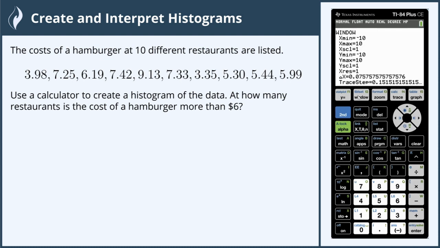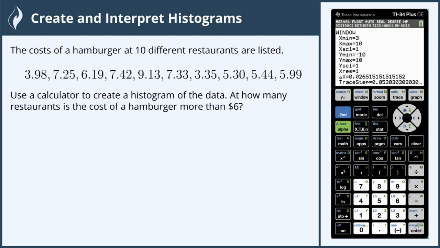So we want to set our X minimum and our X maximum accordingly so that it includes both of those values. So here it would make sense to set the X minimum to be 3 because again, $3 and change was the cheapest one. So let's type that in. 3 and then enter. X max, because it was $9 and change, we'll do 10.